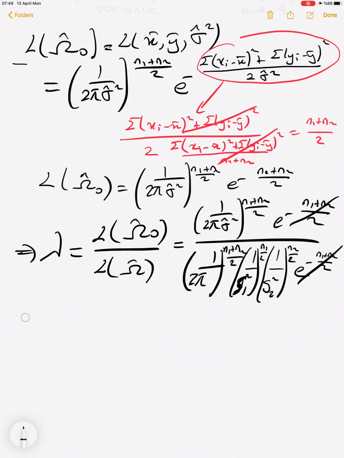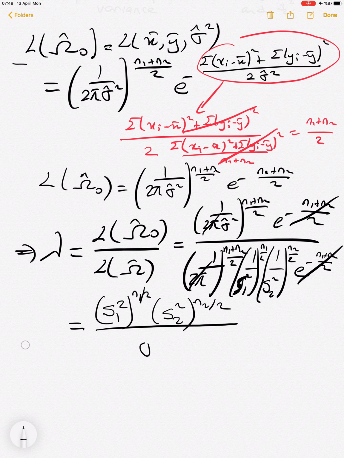So the e terms cancel out, and the 2 pi terms will cancel out, and what we will have here will be s1 square to the n1 over 2, s2 square to the n2 over 2, divided by sigma hat square to the (n1 plus n2) over 2.